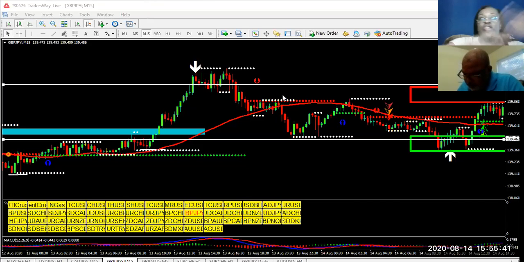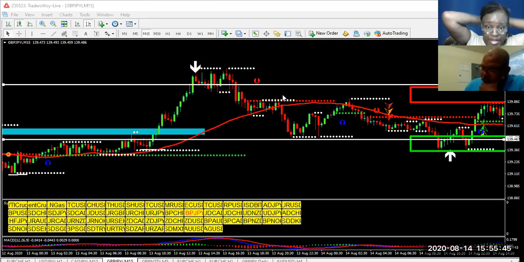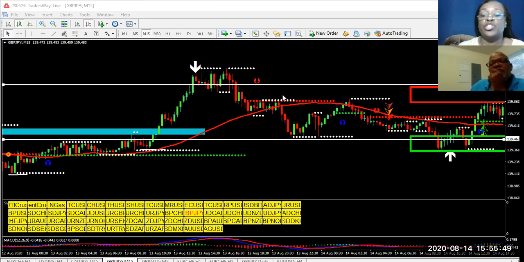Now, the difference in the numbers and what that actually means is that the moving average gives you an average price range of the previous 13 candles, or the previous 50 candles, or the previous whatever number you put. So if you want to measure the average price range of the last 100 candles, then your moving average would be set to 100.